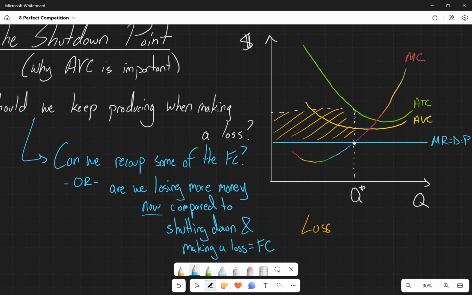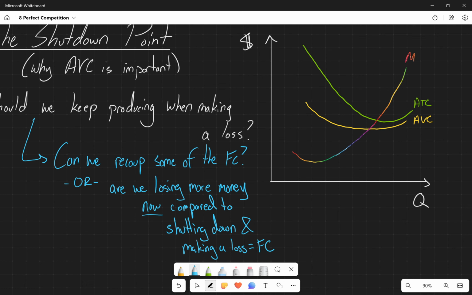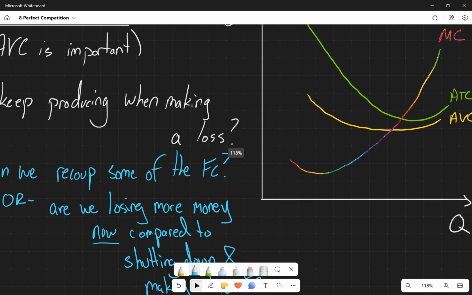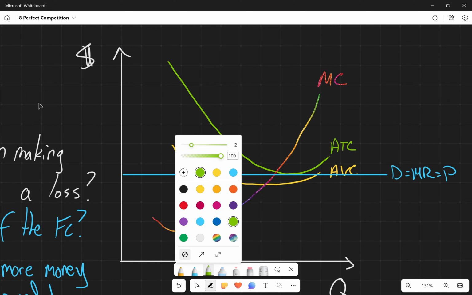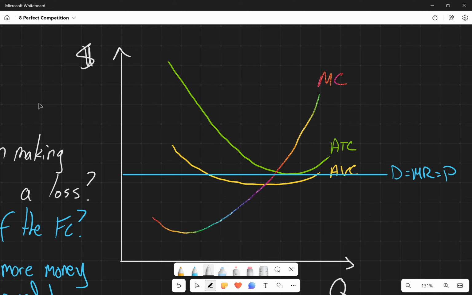So now let's talk about the interesting situation. So the interesting situation lies in here. So in here, if we had a demand equals marginal revenue equals price, then again, we would find where the marginal revenue crosses the marginal cost.